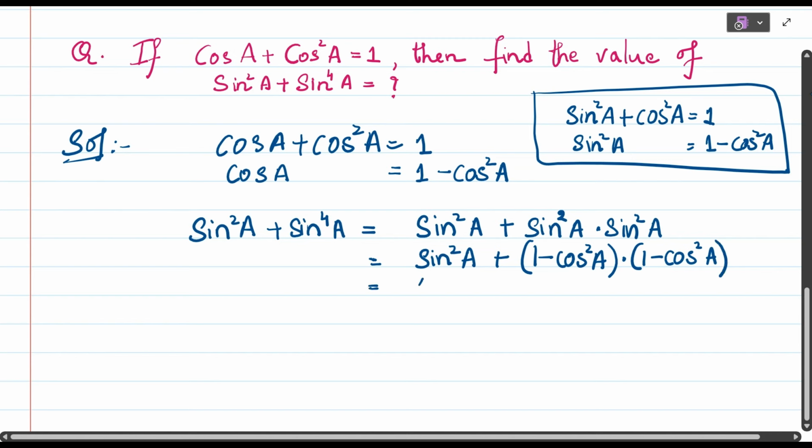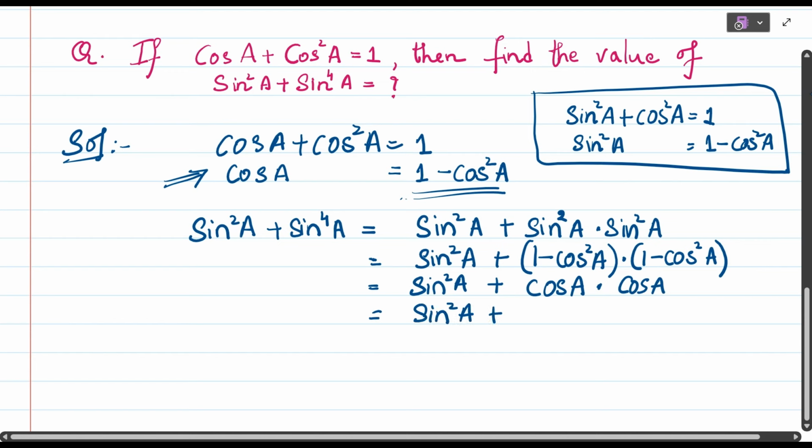So next, the first term is sine square A plus, and from the given data we have 1 minus cos square A is equal to cos A. Did you understand students? So in place of 1 minus cos square A, I am going to write cos A into cos A. Understood? So the first term is sine square A, plus the second term, cos A into cos A, gives how much?